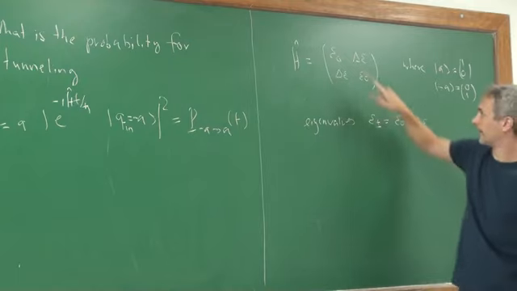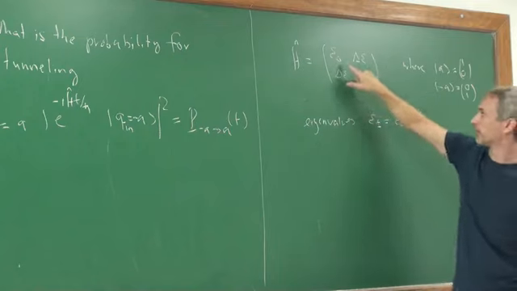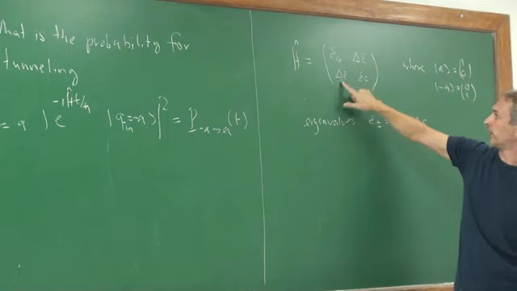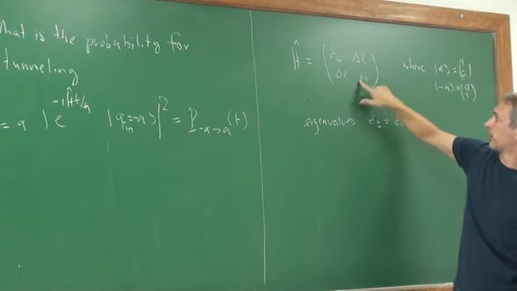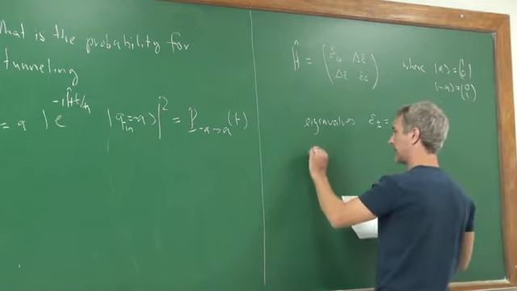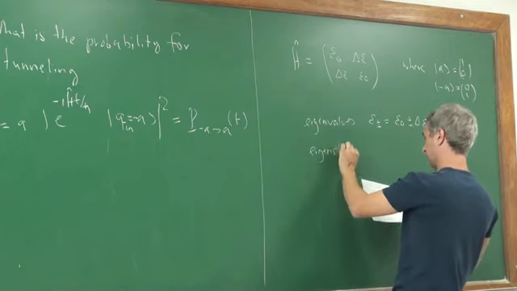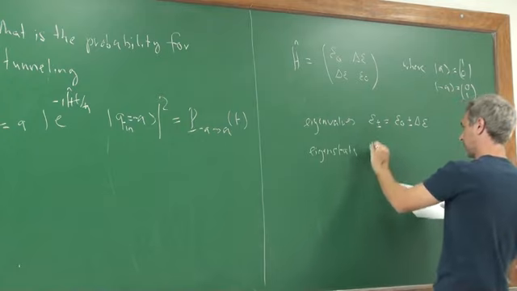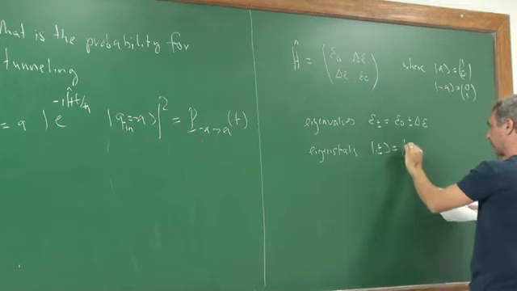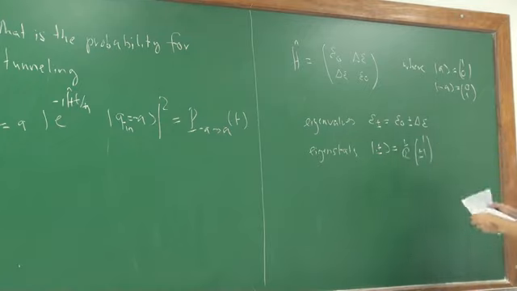You know all the tricks: the trace gives you the sum of the eigenvalues and the determinant the product. So the trace is 2 epsilon naught, and the product is epsilon naught squared minus delta epsilon squared. And the eigenstates are given using this basis.